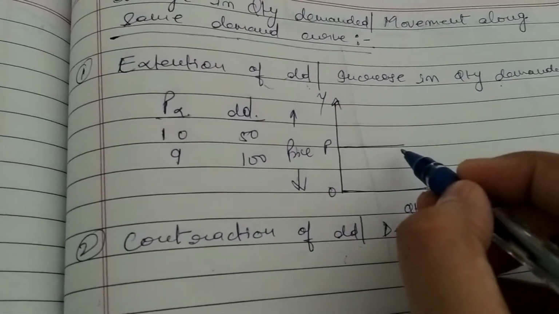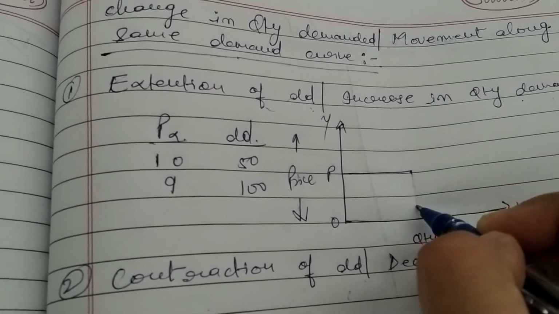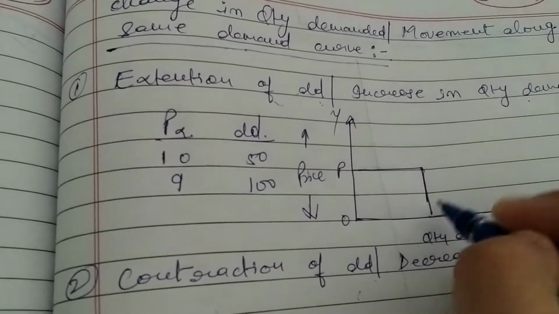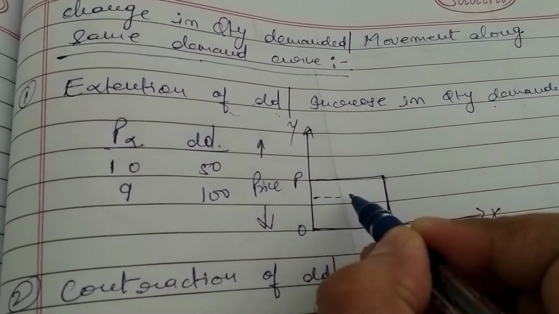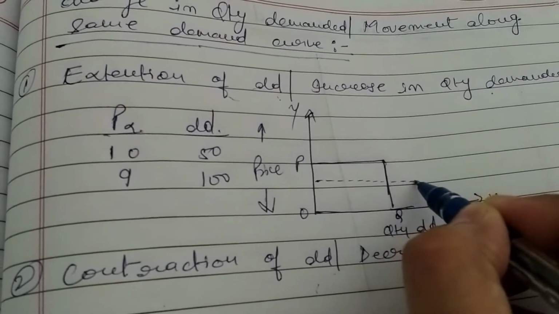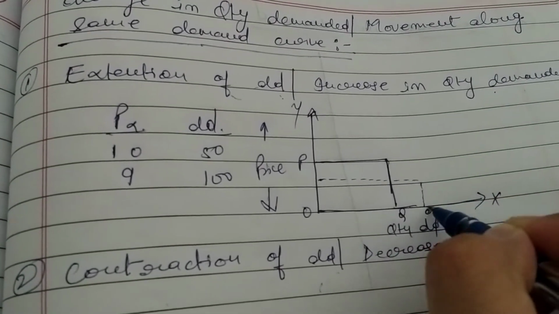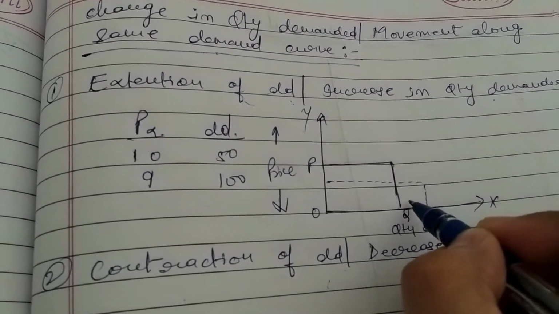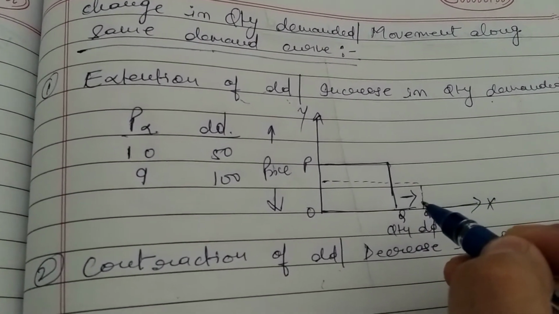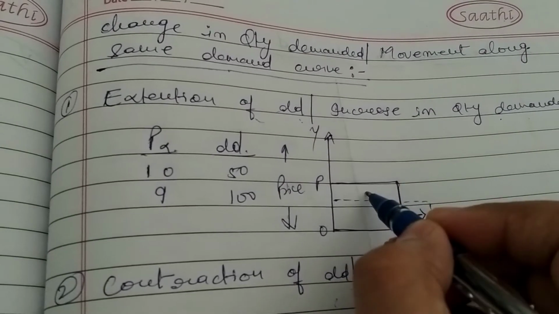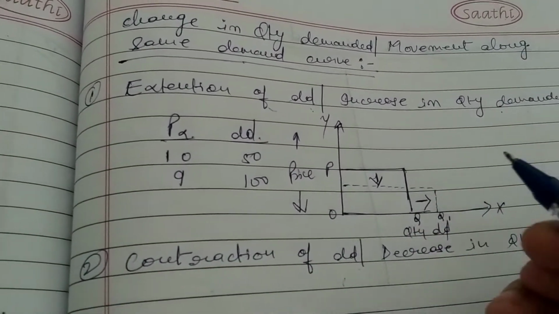So suppose when OP is the price, then OQ is the quantity demanded, and when the price falls, quantity demanded increases from OQ to OQ1. So this is increase in quantity demanded when there is a fall in price.